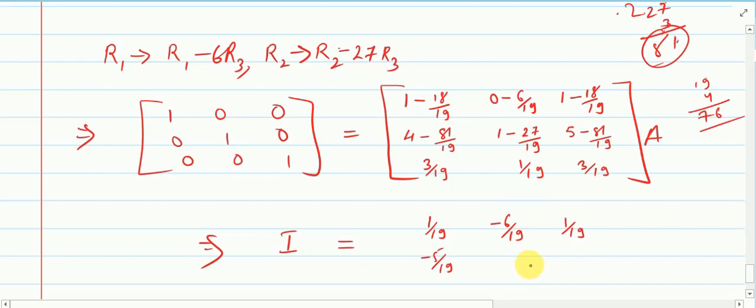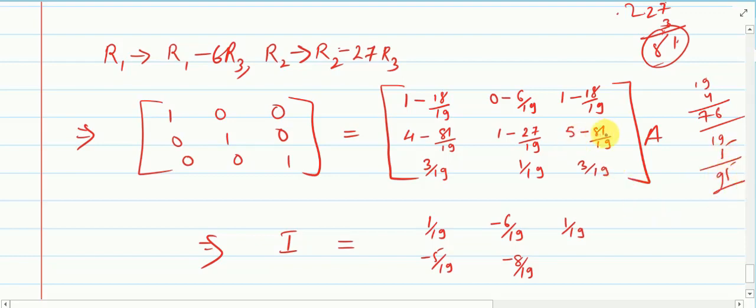Here it will be 19 minus 27. Yes, so it will be minus 8 upon 19, and here 19 into 5. Okay, so 19 into 5, you know, it's 95.